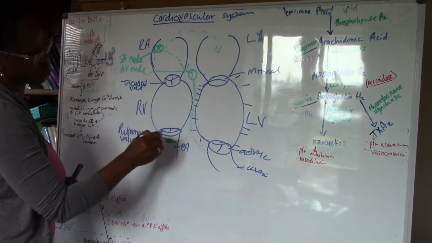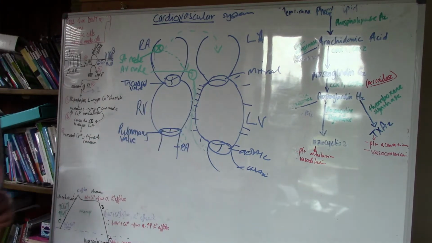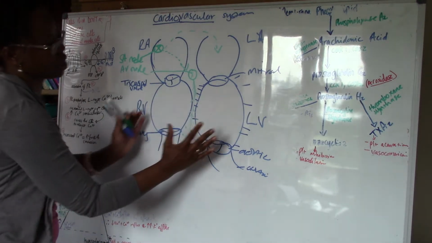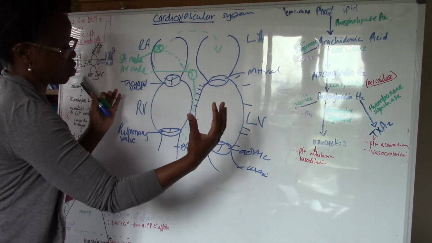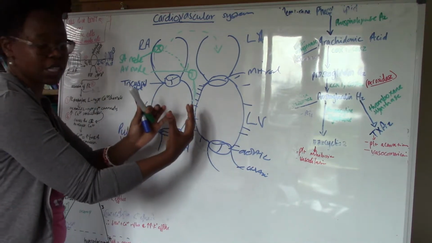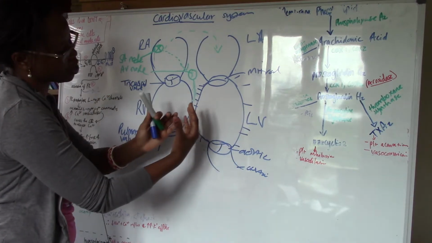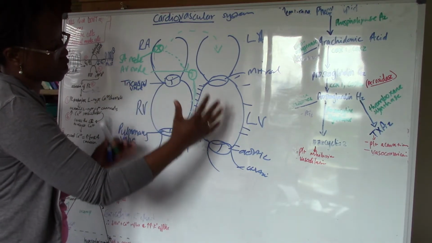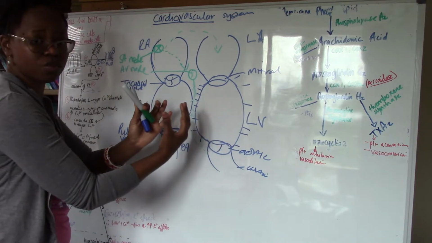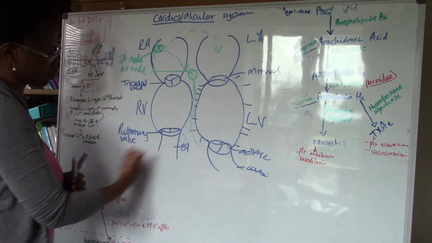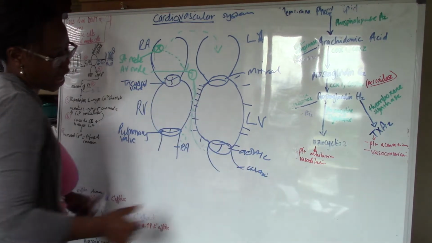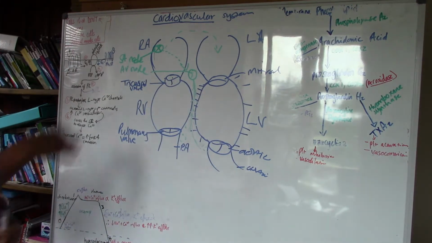Similarly, the right ones depolarize the right ventricle, and the depolarization of the left and right ventricles happens simultaneously, causing both chambers to contract at the same time and expel blood into the pulmonary valve and into the aorta simultaneously.